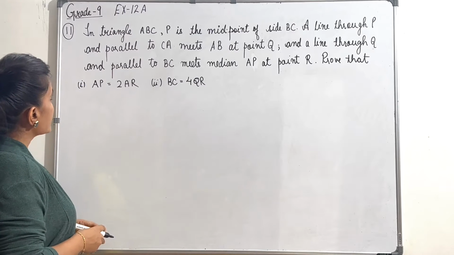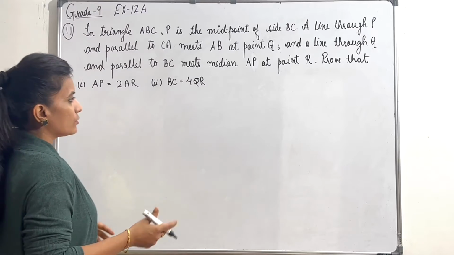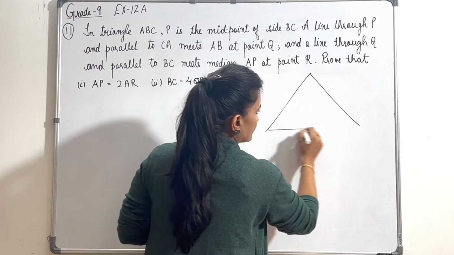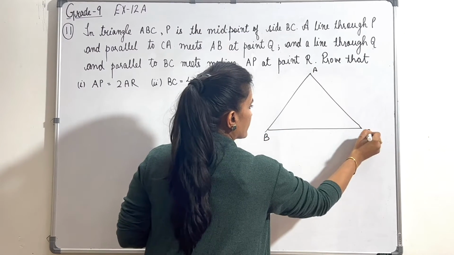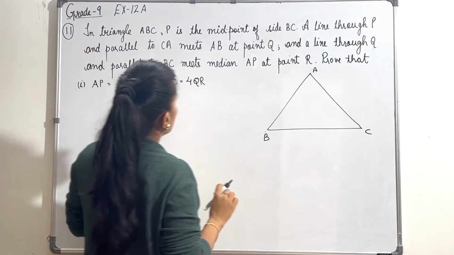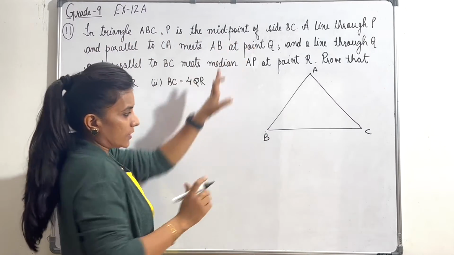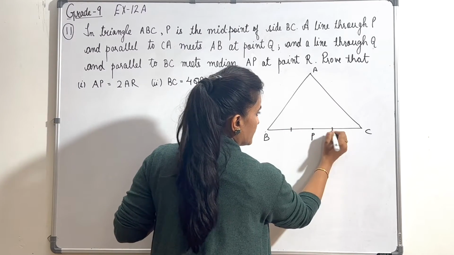The question says in triangle ABC, P is the midpoint of side BC. So let's take triangle ABC, and let's say P is the midpoint of side BC.